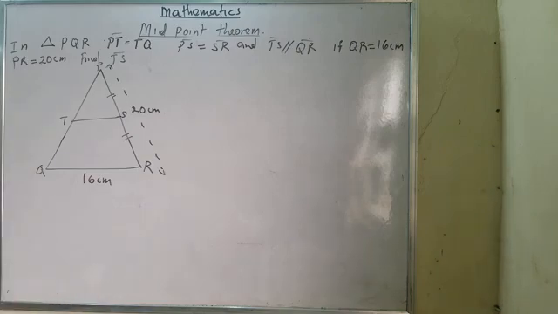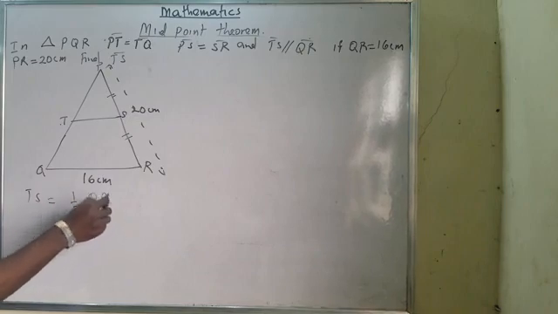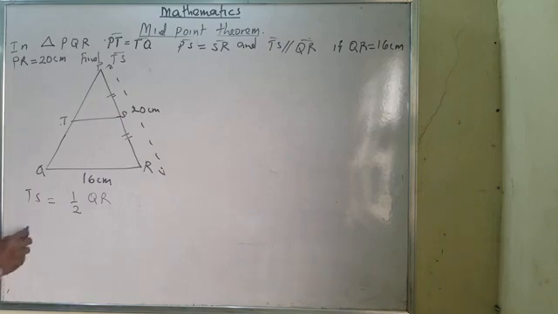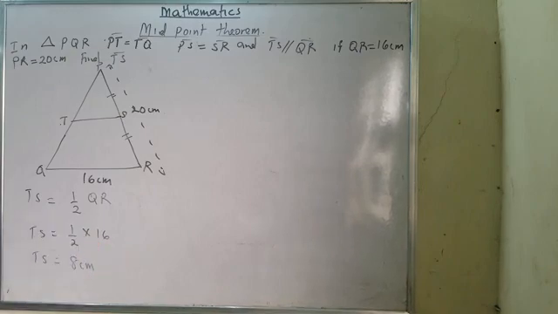Your midpoint theorem states that TX will be equal to 1/2 of QR. It means TX equals 1/2 of QR. What's our QR? 16. So 1/2 multiplied by 16, which gives TX equals 8 centimeters. That is all. TX equals 8 centimeters.